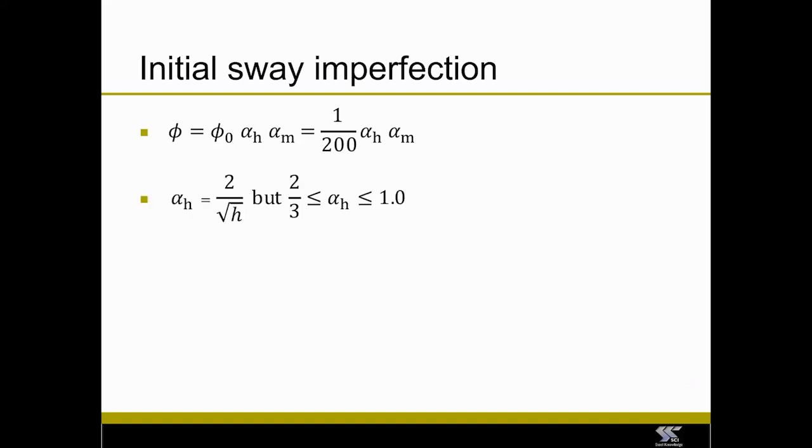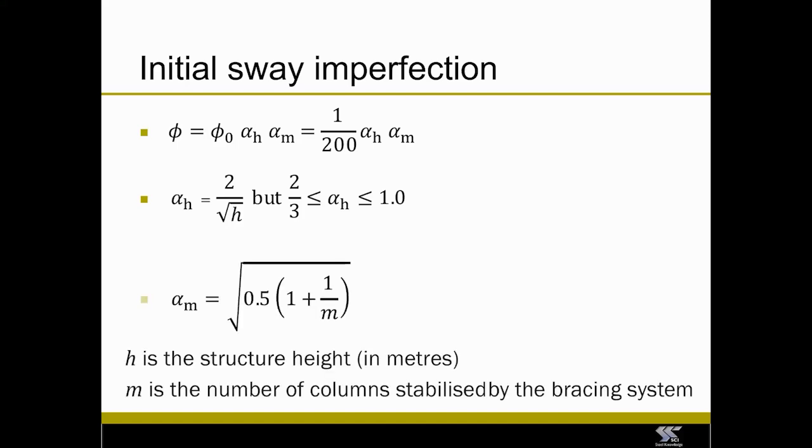So in terms of the alpha h, it's actually given as 2/√h, where the h is the height of the structure. The alpha m is related to the number of columns that are stabilized by the bracing system, and columns is the term used in the Eurocode, but in terms of light steel framing, we don't have columns as such.